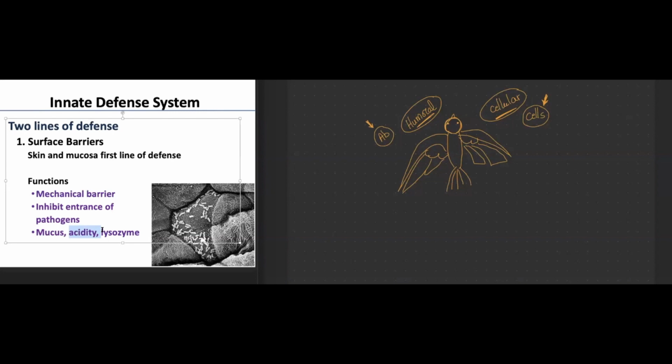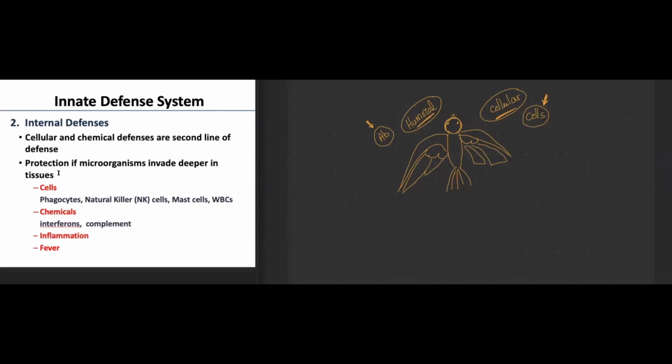Gastric mucosa helps you to kill more than 99% of the ingested pathogens. Lysozymes are enzymes responsible to break down non-specifically maybe proteins, and those are going to be present in the mucus secretions from the mucous membrane.